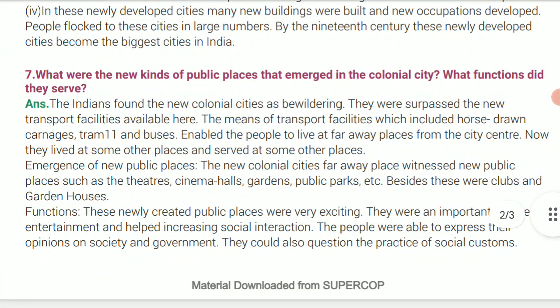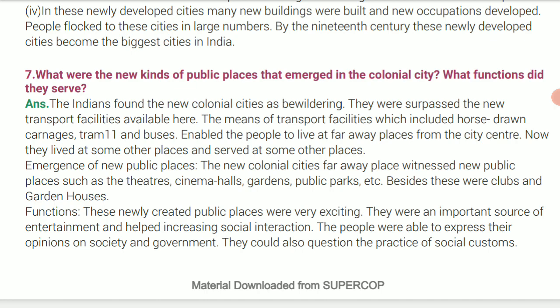Question number seven is why were the new kinds of public places that emerged in the colonial city, and what function did they serve? The Indians found the new colonial cities bewildering. The new transport facilities available here, which included horse-drawn carriages, trams and buses, enabled people to live as far away from the city center.